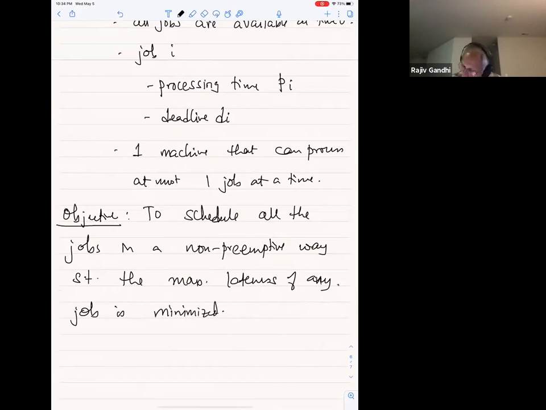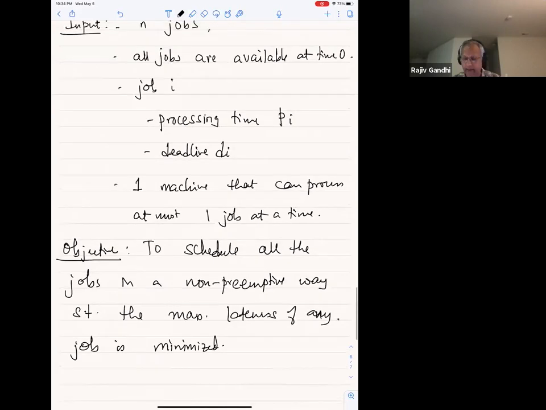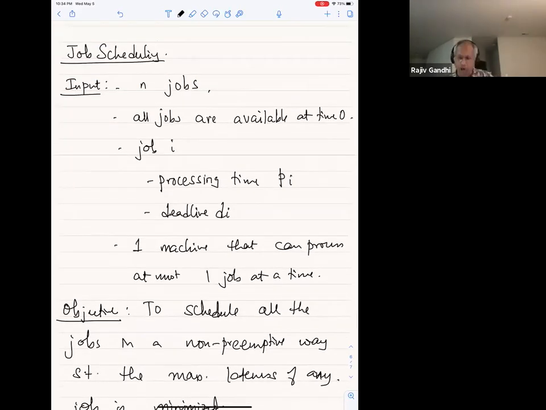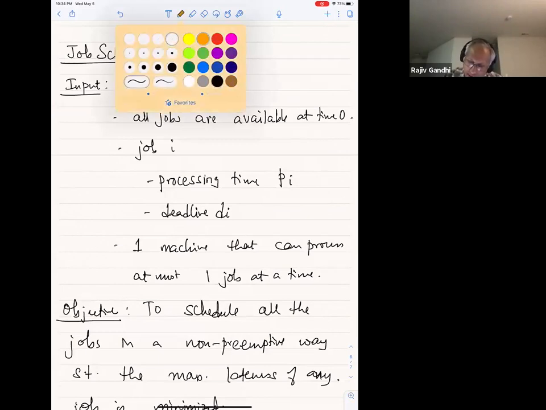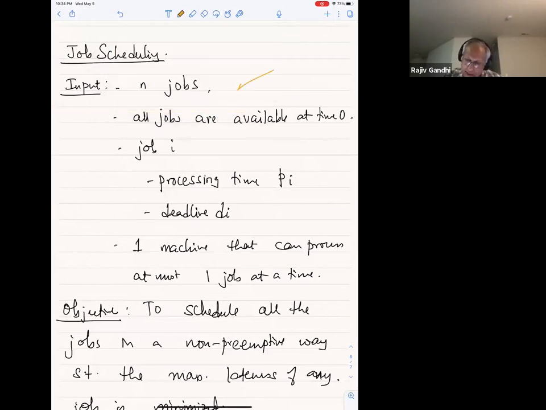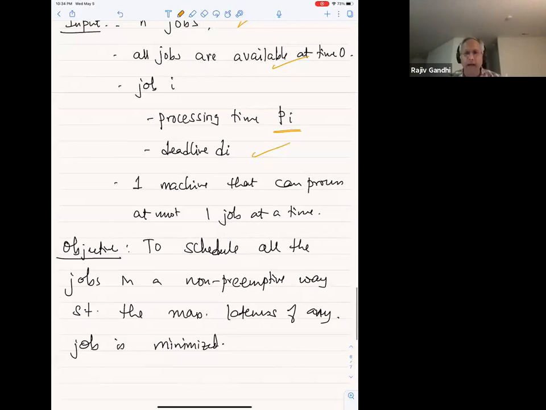Okay, we need to understand this properly. First of all, this is not hard to see, right? There are n jobs. All jobs are available at time 0. Job i has processing time Pi, deadline Di. So deadline is the time by which you need to finish it. We have one machine that can process at most one job at a time.